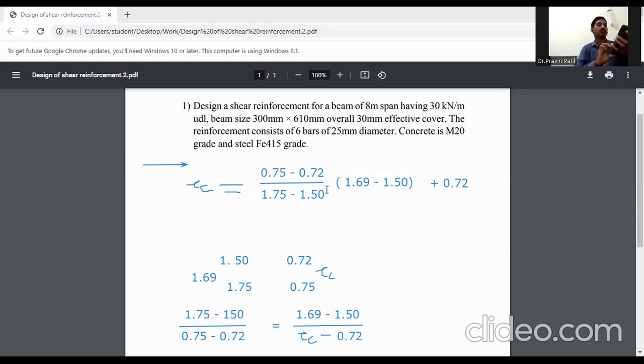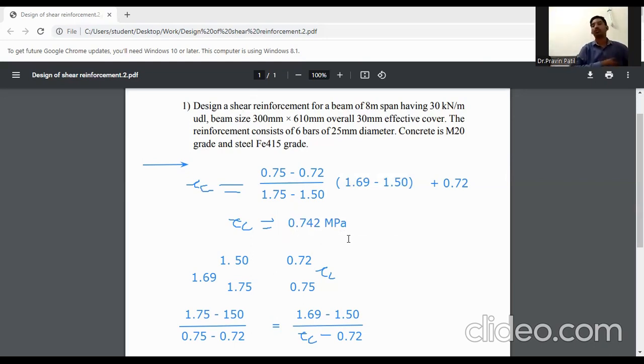It will be 0.7428. Tau c is equal to 0.742 MPa.